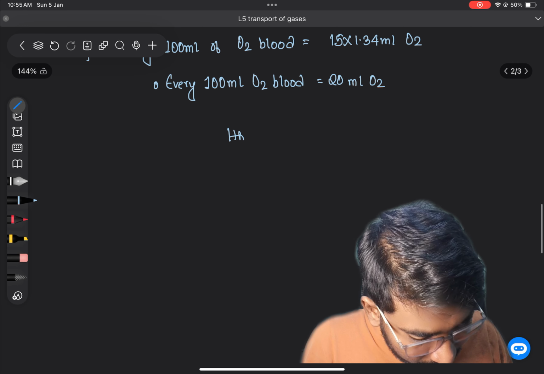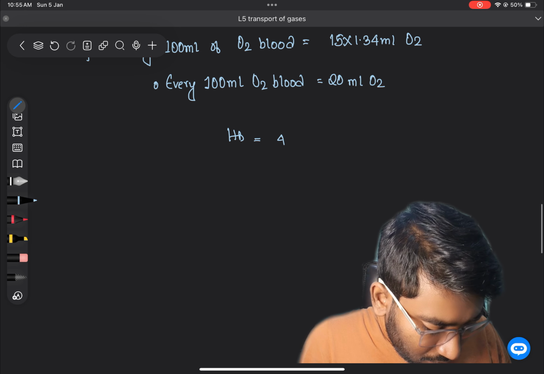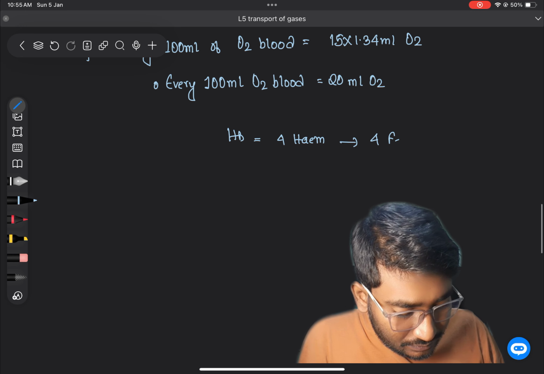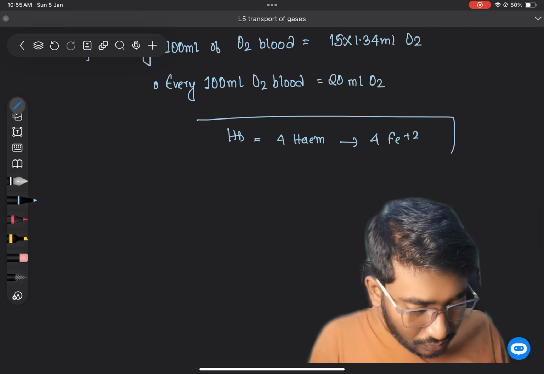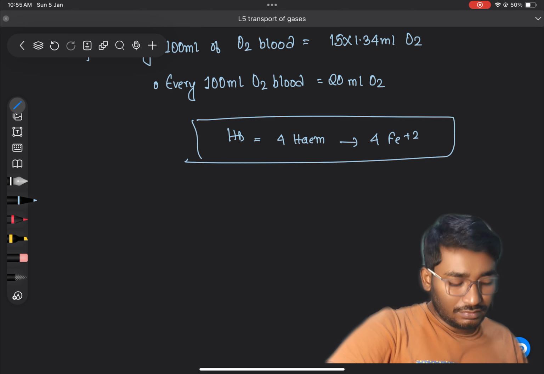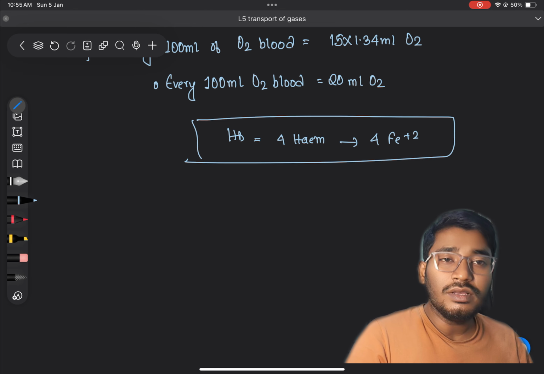Write it down as a note: hemoglobin equals 4 heme, that is 4 iron particles.